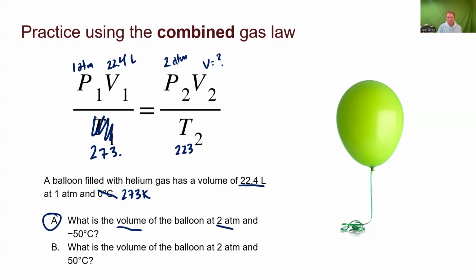So if we plug all this in, I'm going to use my calculator. 22.4 times 1 is 22.4. Divide that by 273. And that's going to give me a number that is 0.08205. I'm going to multiply both sides by 223.